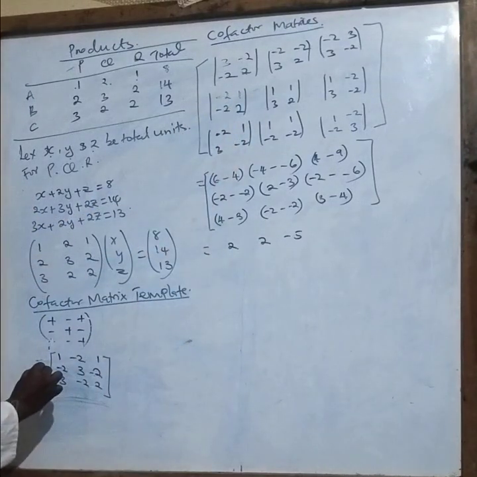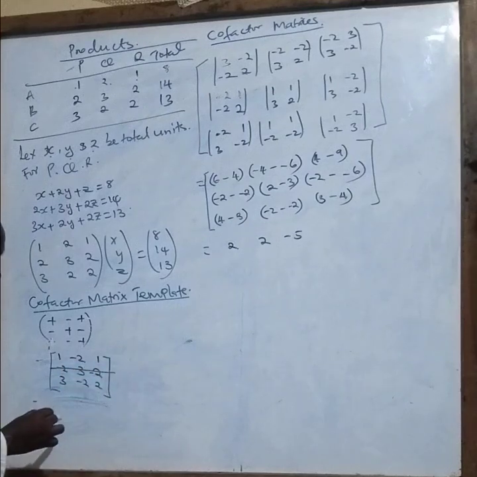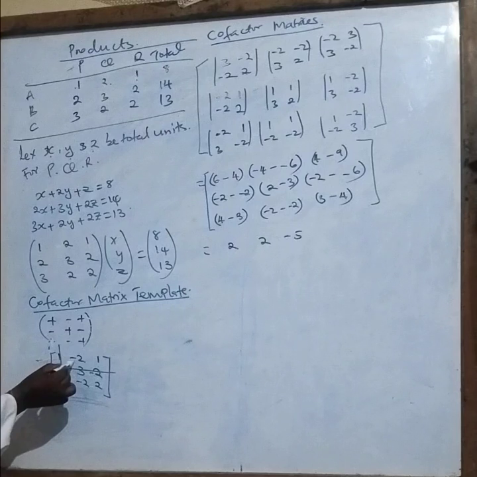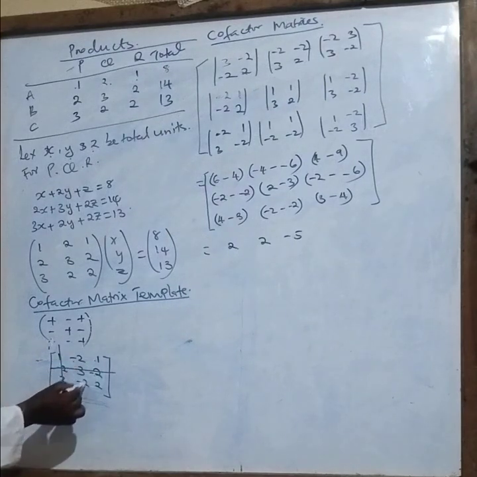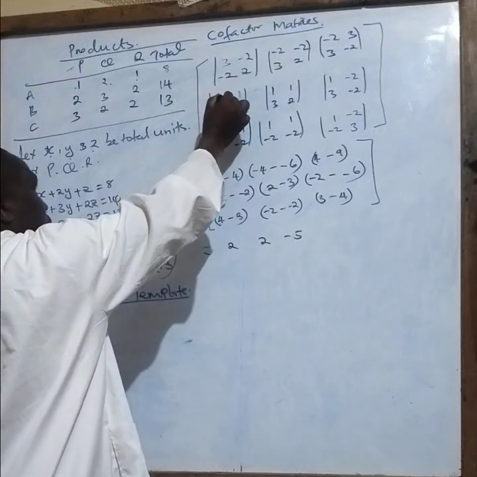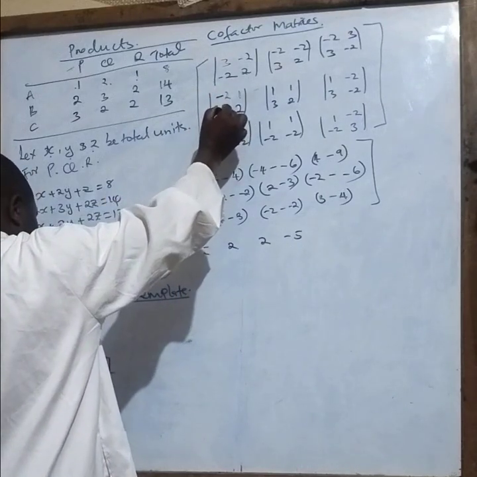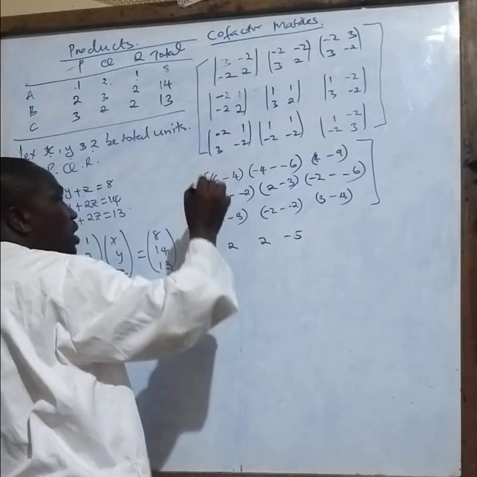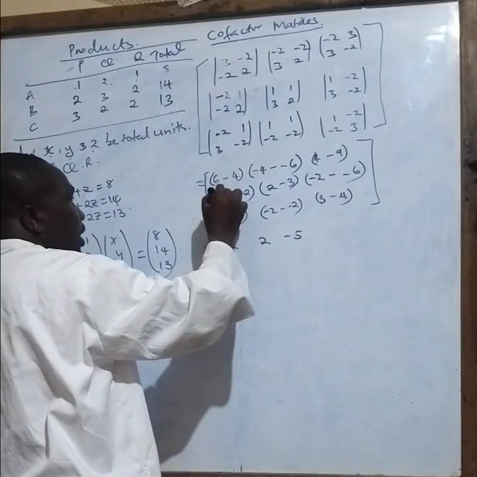So you close the first row, the second row, and the first column. So what are you seeing? Negative 2, 1, then negative 2, 2. So this times this gives you what? 4.